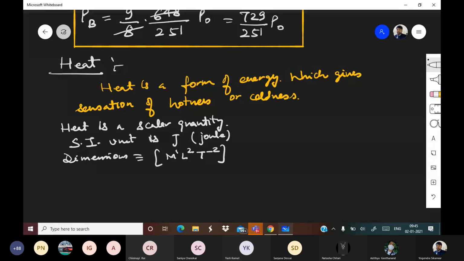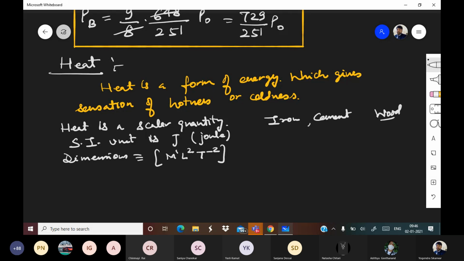Suppose you are going for a morning walk in a park. An open park is there and you have gone for a morning walk. Now in that park there are 3 benches. One bench is of iron, another bench is of cement, and the third bench is of wood.